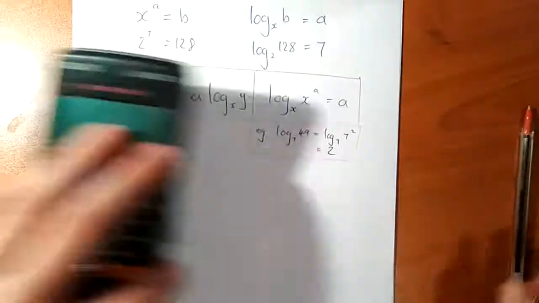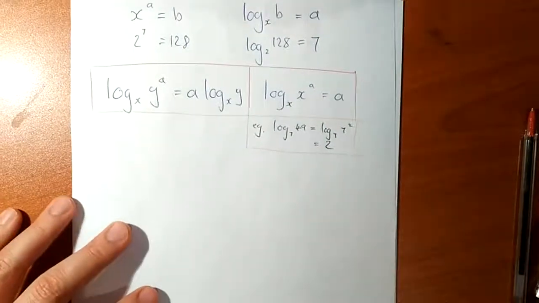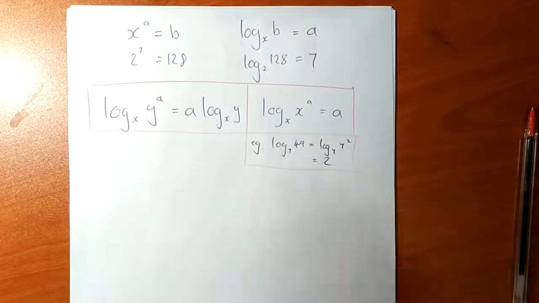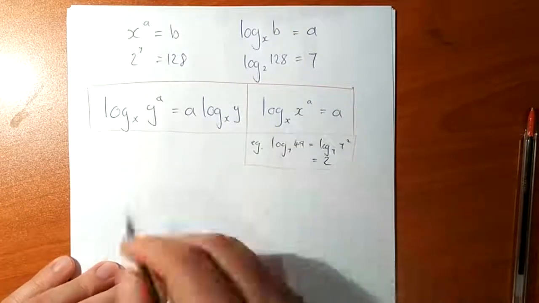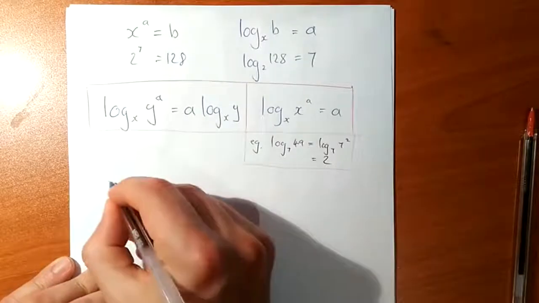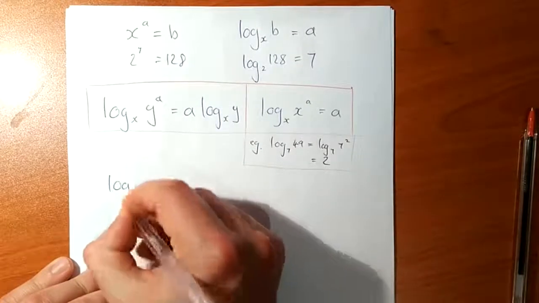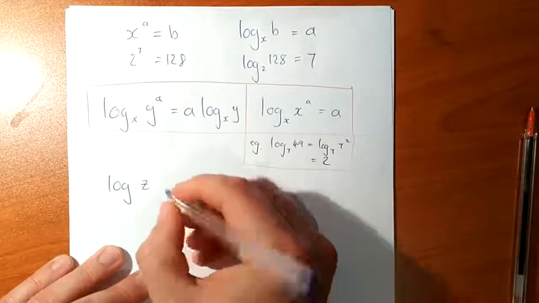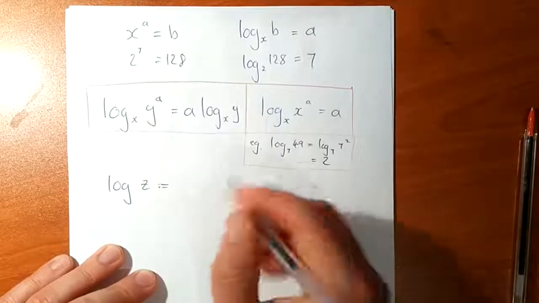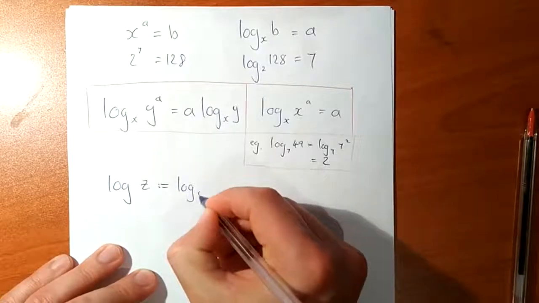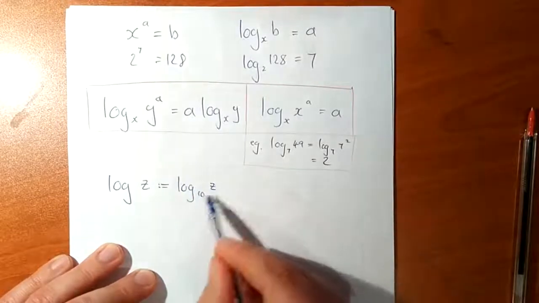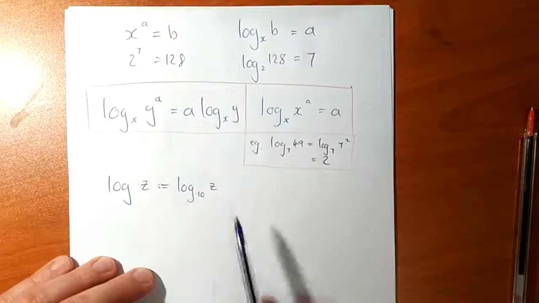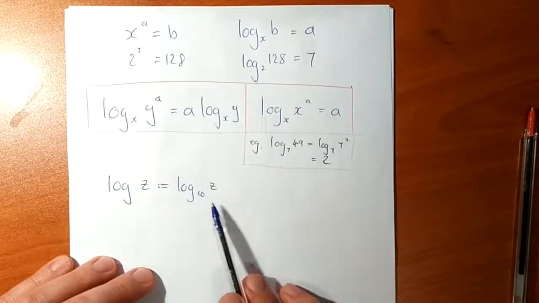Now, if your base is 10, then you often don't write the actual base as 10. So if you just write log of some number, let's say z, then that is defined as log base 10, the power to which 10 has to be raised to get z. So this is just a shorthand notation when the base is 10.